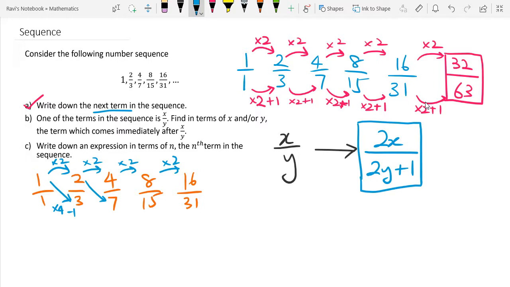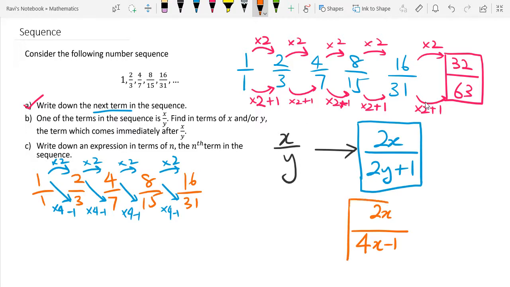Same thing over here, 2 times 4 minus 1, you get 7. 4 times 4 minus 1, you get 15. So that relationship holds true all the way. That gives us another possible answer: 2x for the numerator, and the denominator is 4x minus 1.